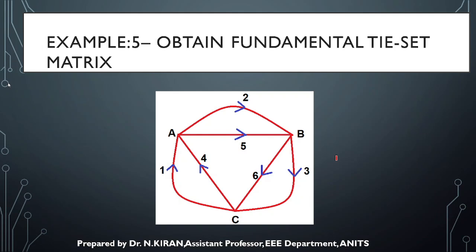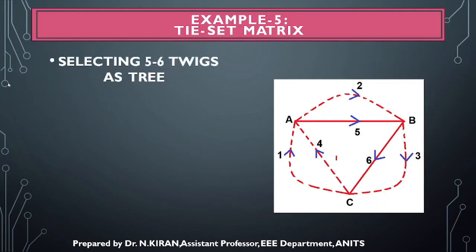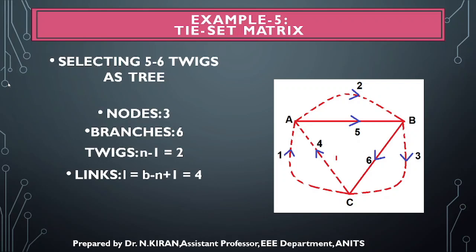So let us consider one example. Here we have to obtain a fundamental tie set matrix. I have chosen 5, 6 twigs as a tree. So we know what the condition is for forming a tree. It should not have any closed loop, but should consist of all the nodes. So you have 3 nodes here, 6 branches.